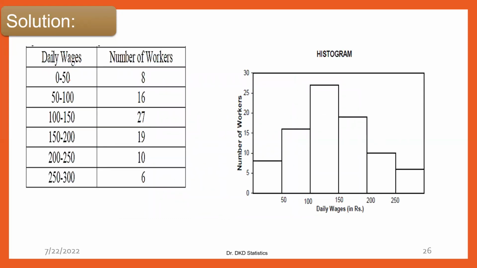This is continuous data, an exclusive class type of interval, and the corresponding frequency is given. We can put daily wages here and number of workers here, and this diagram is known as the histogram. So we can create it easily.